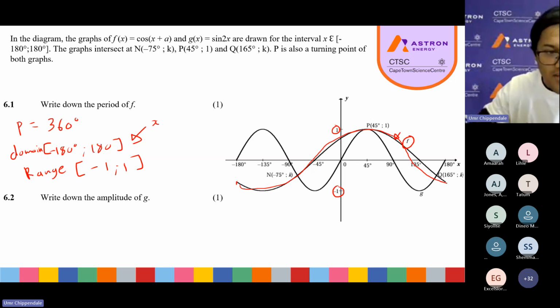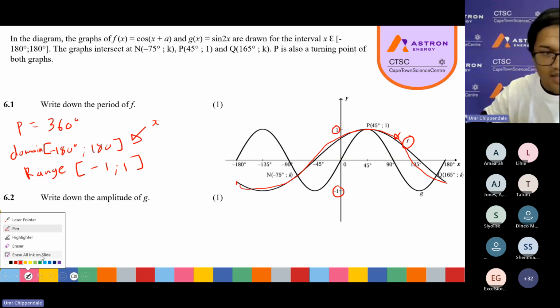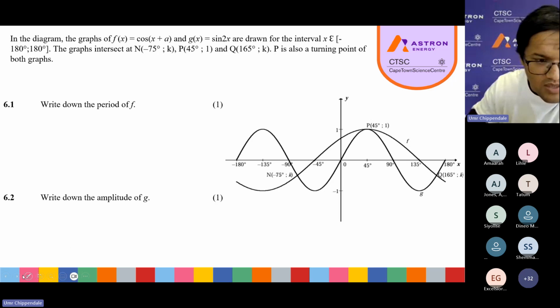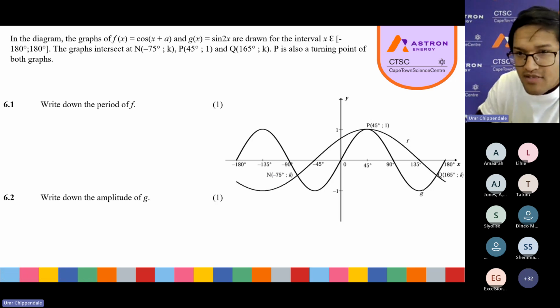Now, when it comes to that, we can erase this. I think everyone should have that by now. G is this graph. Let's change the color so we know it was a different one. Oh, sorry, this one. So G is this one.